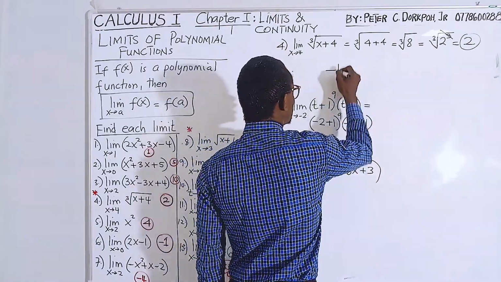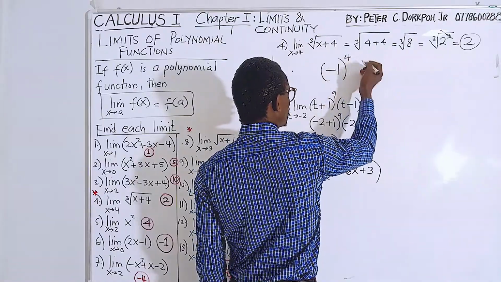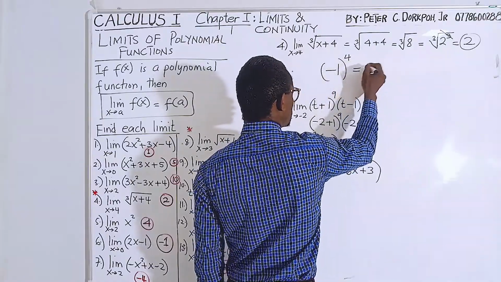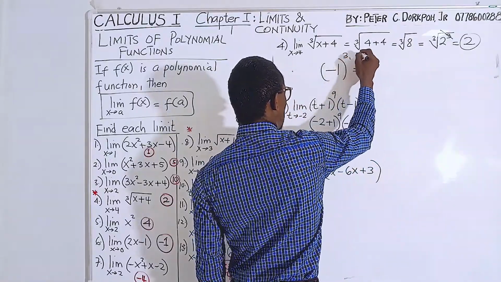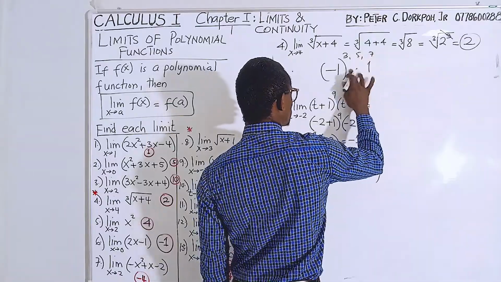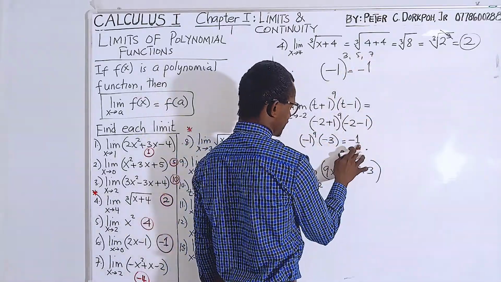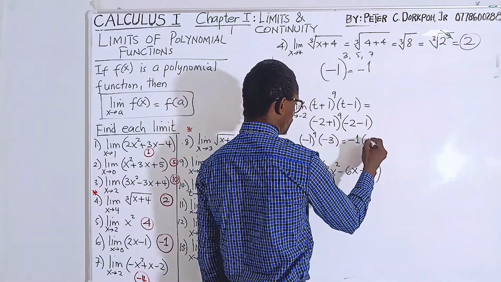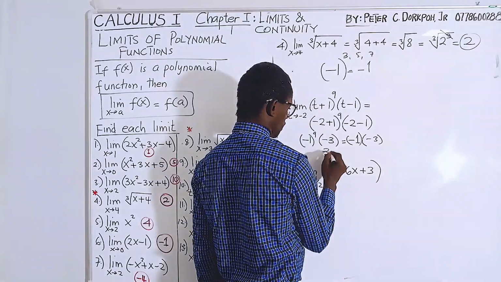When negative 1 is raised to an even power, 4, 2, 6, it will just be equal to positive. When it is raised now to an odd power, 3, 5, 7, it will be equal to negative. So because it's odd, it's negative. Times negative 3. So you have -1 times -3, it just equals +3.